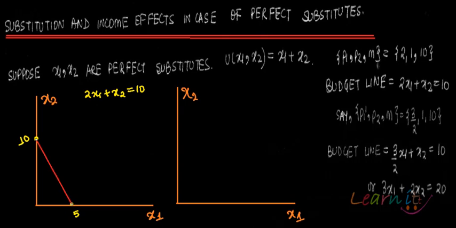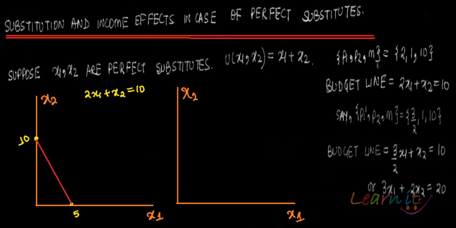Clear? Now as you guys could see, the slope of the budget line in this case is minus the coefficient of x1 upon coefficient of x2, which is minus 2. And the slope of the indifference curve is minus the coefficient of x1 upon coefficient of x2, which is minus 1.